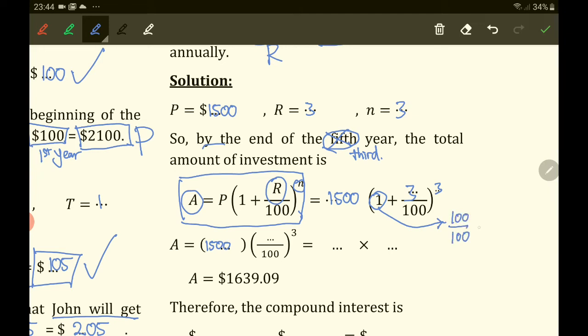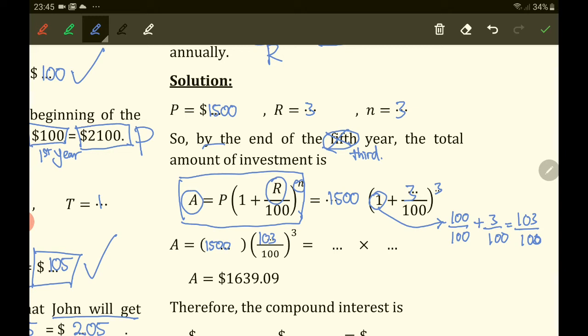It's 100 out of 100 plus 3 out of 100, so it will be 103 out of 100. So we can substitute here: 103 out of 100, to the power of 3.